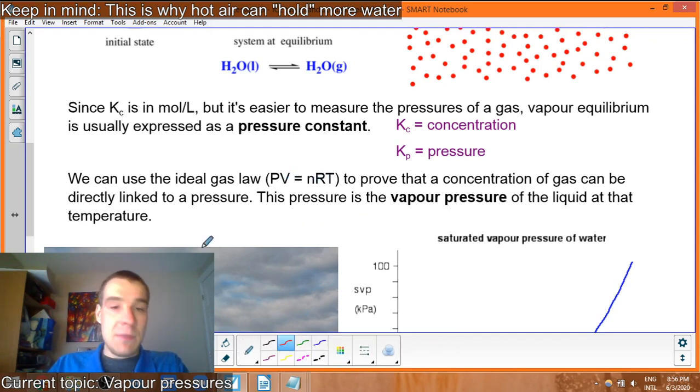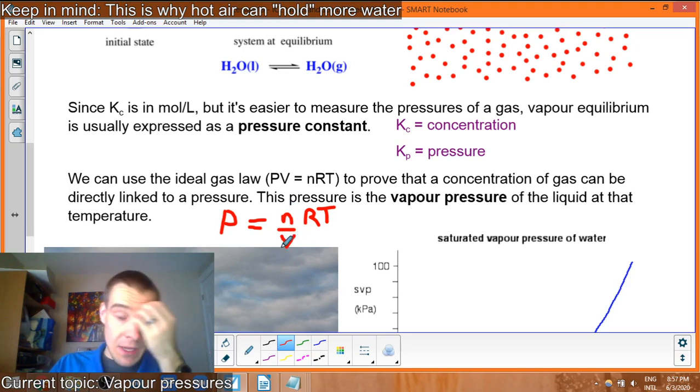Basically, PV equals nRT. If you rearrange it for pressure, so this PV equals nRT, the ideal gas law, P becomes nRT over V. We're dividing by V. But what I'm going to do is just divide the n by V because I'm allowed to do that. n over V RT, and n over V is moles per liter.